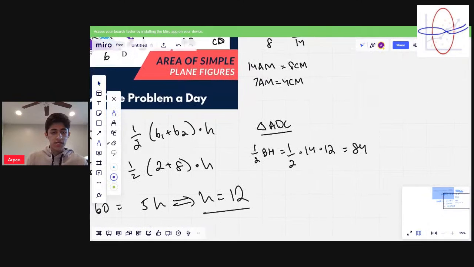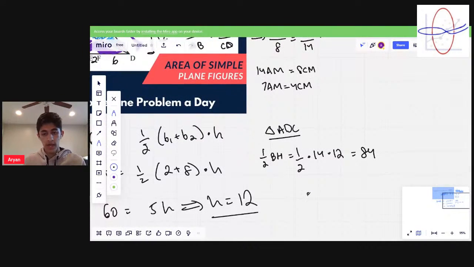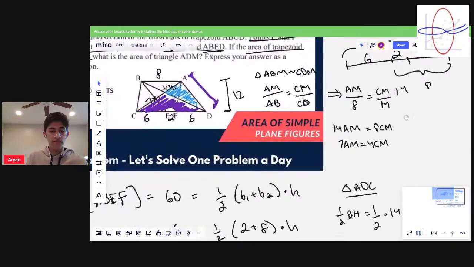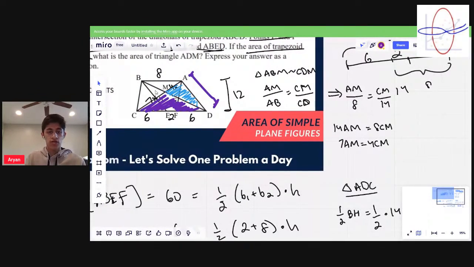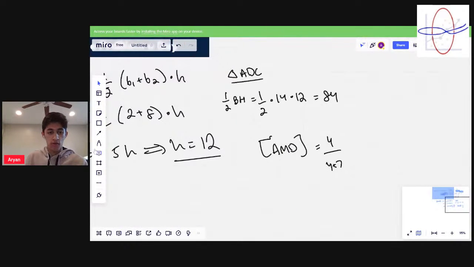So the area of AMD is just 4 over 4 plus 7. If it's 4 to 7, the area of AMD to the whole triangle ACD is 4 to 11. So 4 over 4 plus 7 times 84.